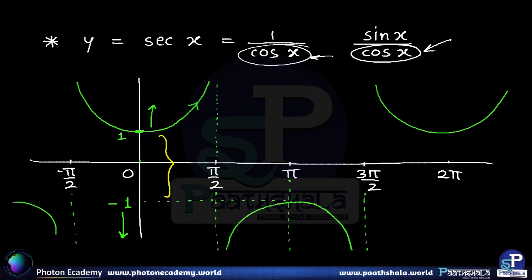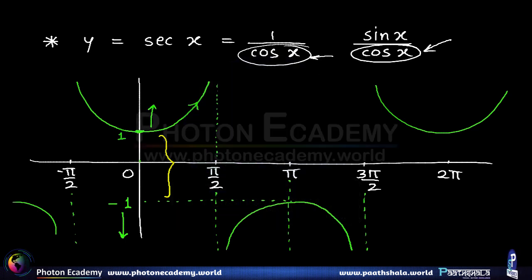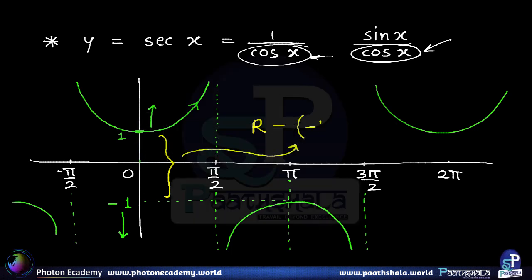Coming to the domain, as we saw, it is same as the tan, that is discarding the odd integer multiples of pi by 2, all other values are valid. And if we consider the range, then from all the real numbers we have to subtract the open interval -1 to 1. Except these, all other values will be present in the range of sec x.